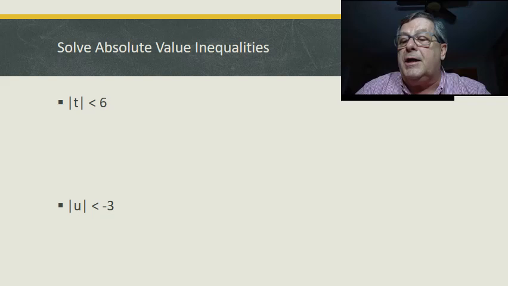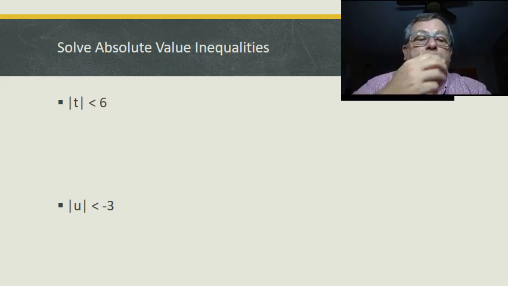So the two we're looking at right now are both less than. And so the less thans are going to be and statements, whereas the greater inequalities are going to be or statements.